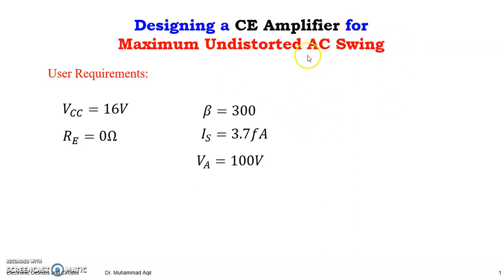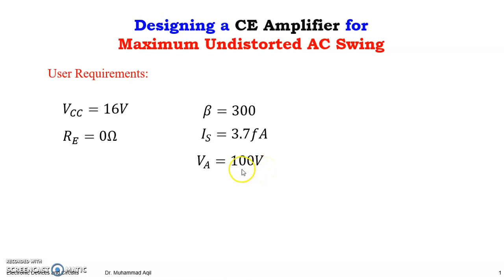The other specifications given by the user are: he has a DC supply of 16 volt. There would be no emitter resistance. He wants us to use a transistor having beta 300, IS 3.7 femto ampere, and he gave us the Early effect voltage of 100 volt.